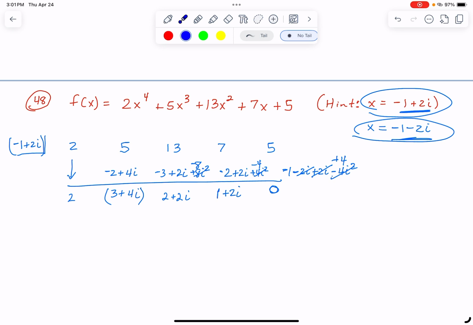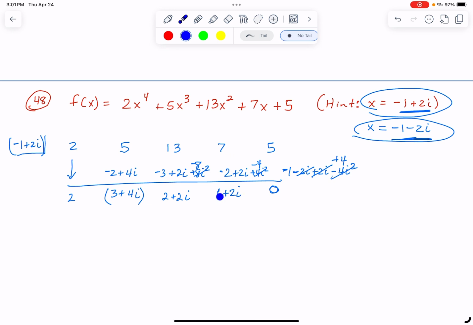Okay, so here we go. Negative 2. Oh, there it is. No, that's right. Negative 2. Then we get a minus 2i and a plus 4i, which gives you a plus 2i. And then we get a plus 4i squared, which gives you minus 4. So that's right. So that gives you minus 6. 7 minus 6 is 1. 1 plus 2i.